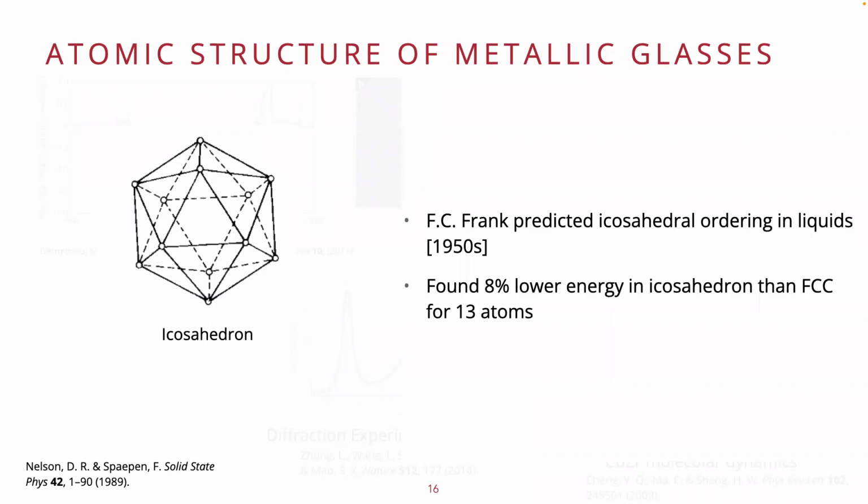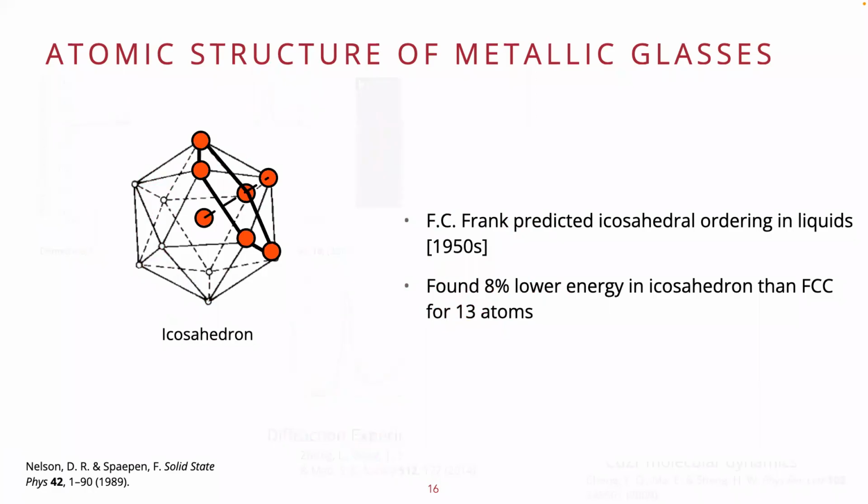In the 1950s, F.C. Frank proposed one of the seminal ideas for metallic glasses, or amorphous systems, where he took 13 atoms, as you can see here, and found, using Monte Carlo, the actual lowest energy state. He calculated that 13 atoms in isolation have lower energy as an icosahedron than in the FCC or HCP phase.